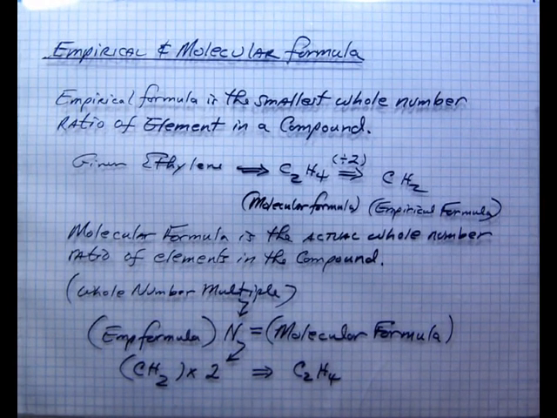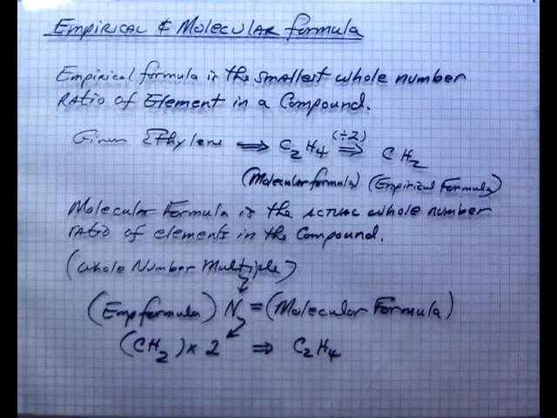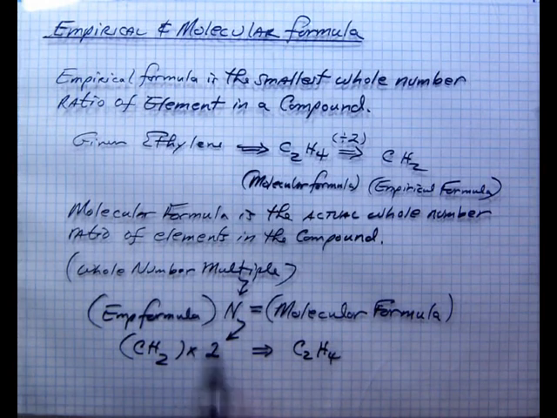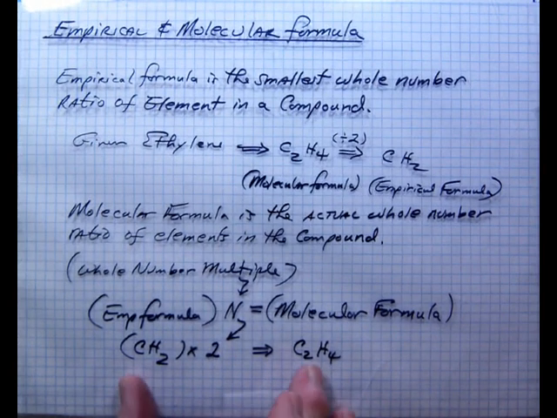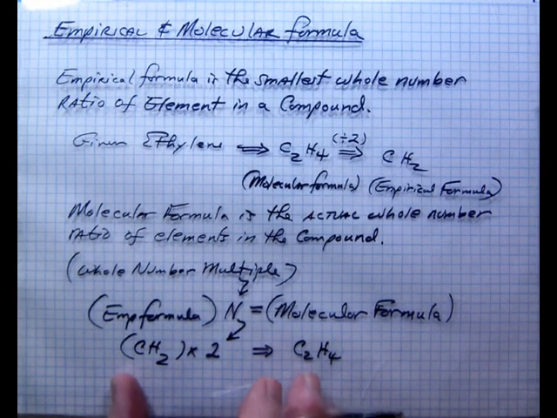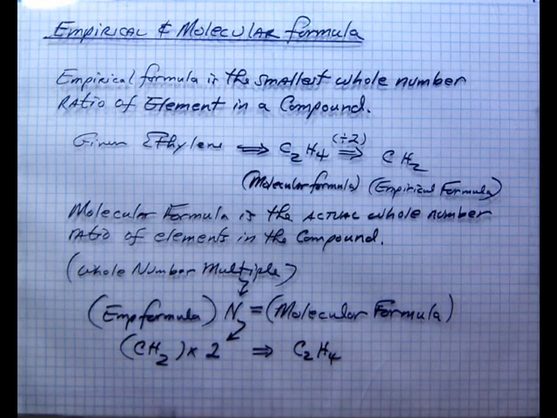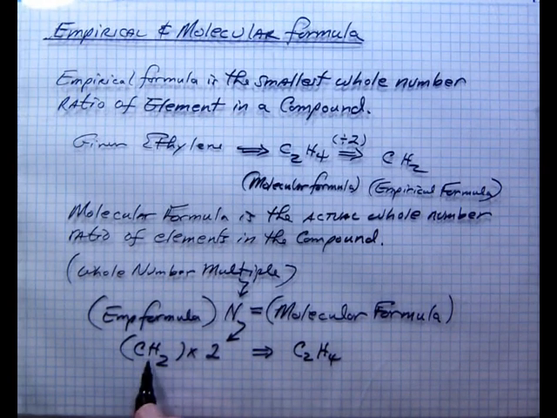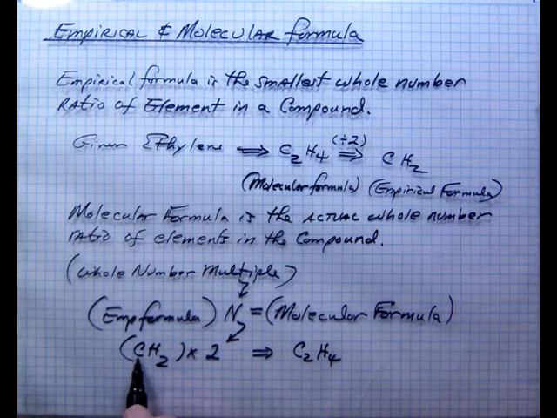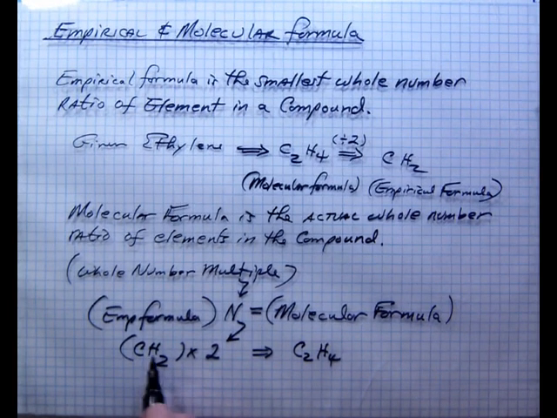Now, the essence of this part is that you can determine a whole number multiple for the formula, given the empirical formula, because this is the empirical formula, and then you can calculate empirical weight, just like you did molecular weight. 12 plus 2, okay, 14.